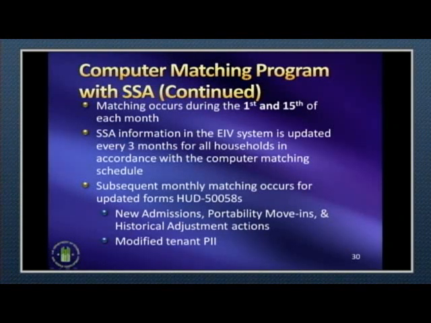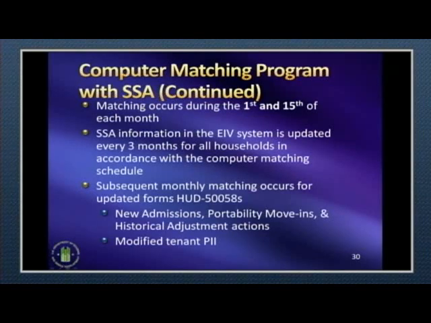The SSA information in EIV is updated every 3 months for all individuals in accordance with the computer matching schedule that's a couple pages down in this PowerPoint presentation. And then we do what we consider subsequent monthly matching with SSA, and this occurs based on you submitting updated 5.8s to PIC with changed PII, or personal identifiable information, on Section 3 of the 5.8.